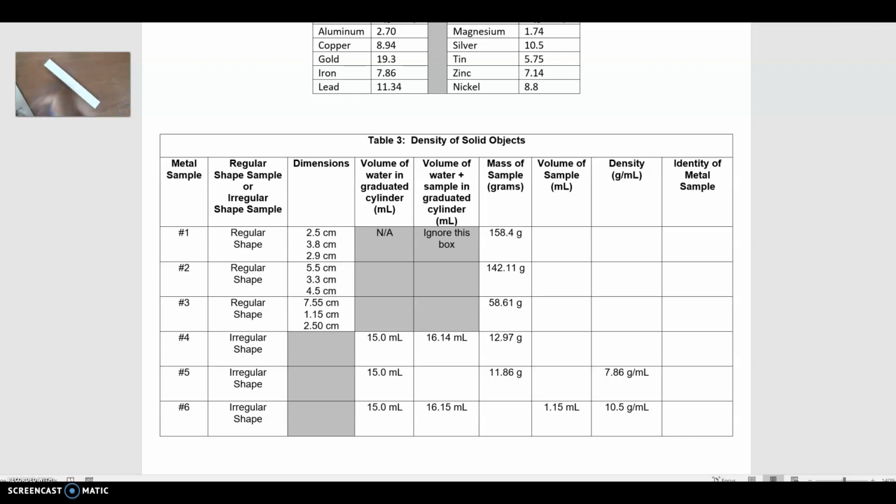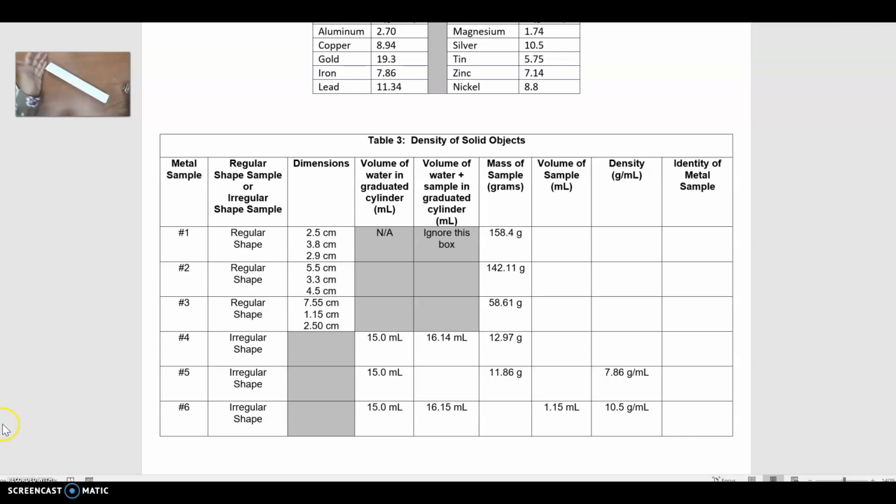I can take those measurements of how wide it is in this direction as compared to this direction, as compared to if I turn it on its side and I measure it again. Those are those three dimensions, the width, the height, and the depth.